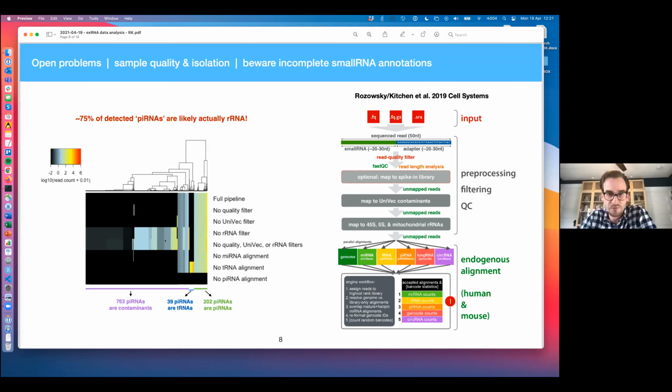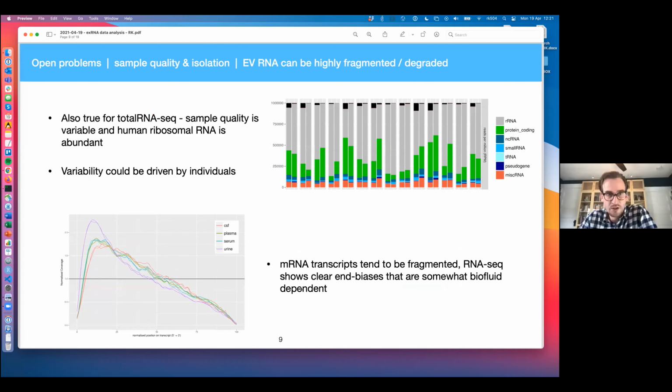So these reads have just kind of crept through some filters in an earlier publication, made it into a database that then classifies them as piRNAs, and probably, I would argue in most cases, it's not real signal. So we were quite careful to remove as much of this as possible. Joel is probably going to talk about this at length, so I'm not going to go into a huge amount more detail on this. But be a little careful with some of the annotations that you're using and the belief that you have in them.